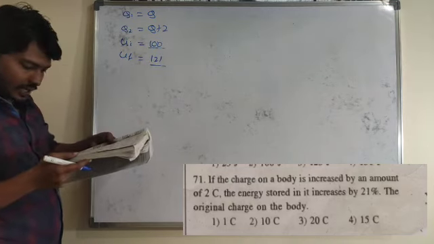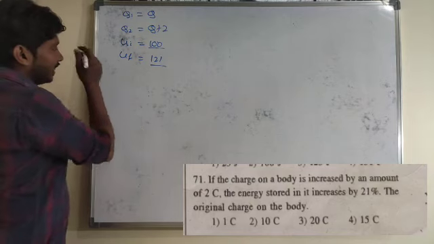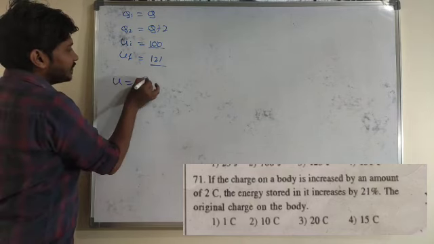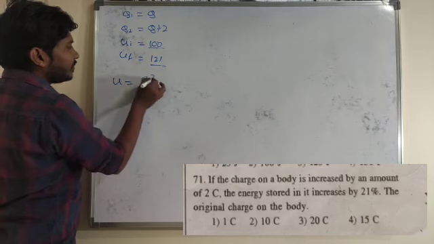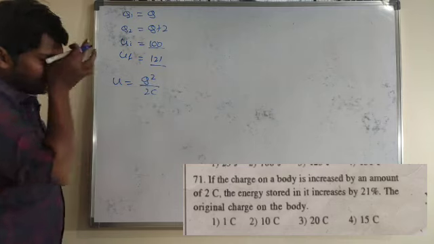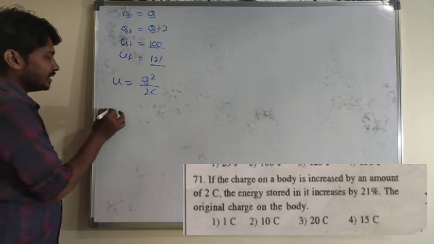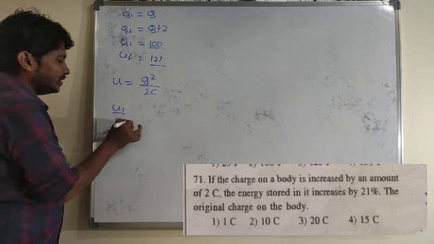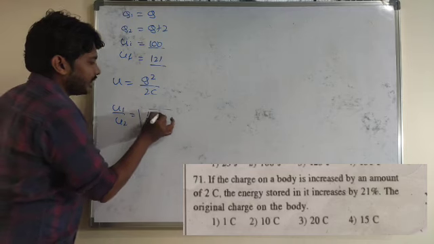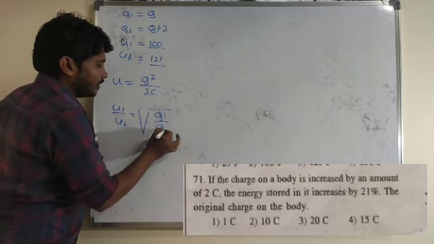Then the original charge on the body is? What is the connecting formula here? Energy is equal to q square divided by 2C. Energy is directly proportional to the square of the charge, so u1 by u2 is equal to the square of q1 by q2.